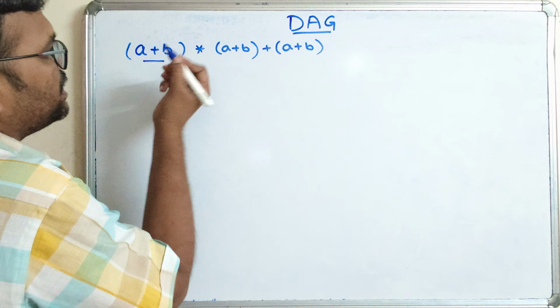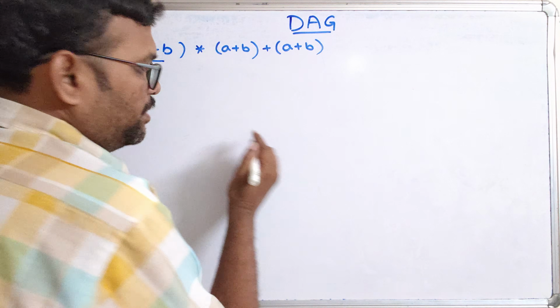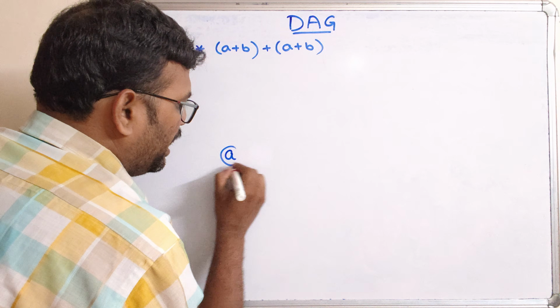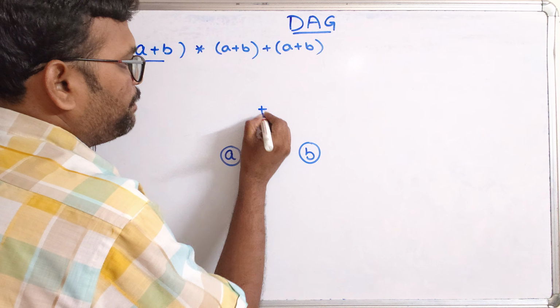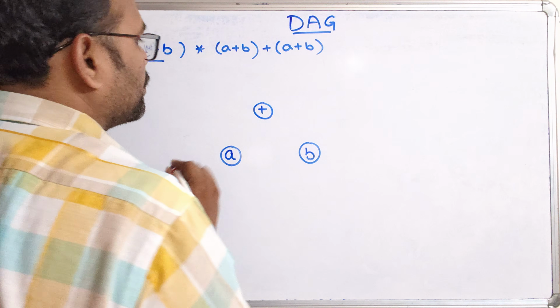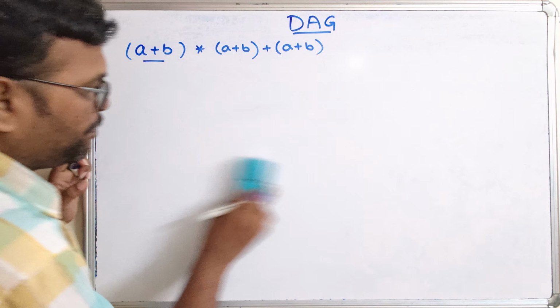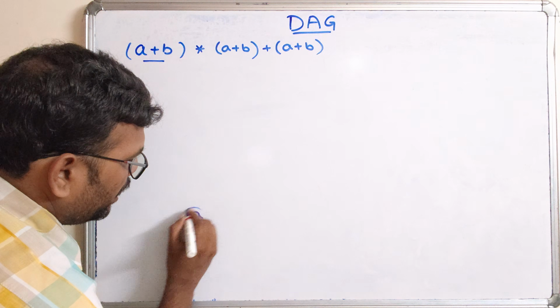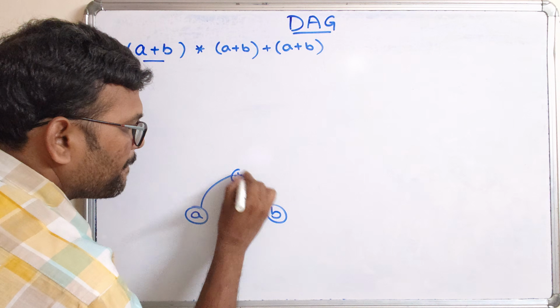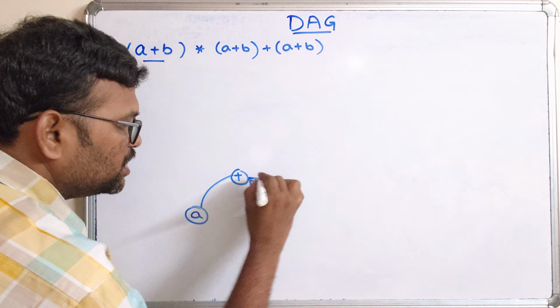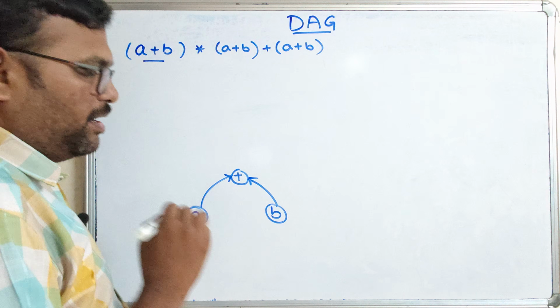So a plus b. We can create a node for a and b, and a plus node. I'll write here a, b, plus. So this is an acyclic and directed graph.